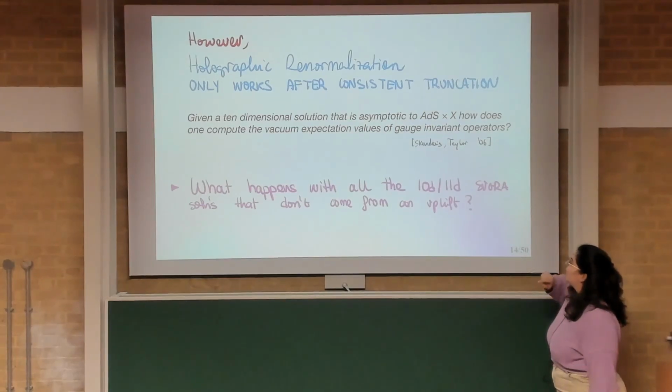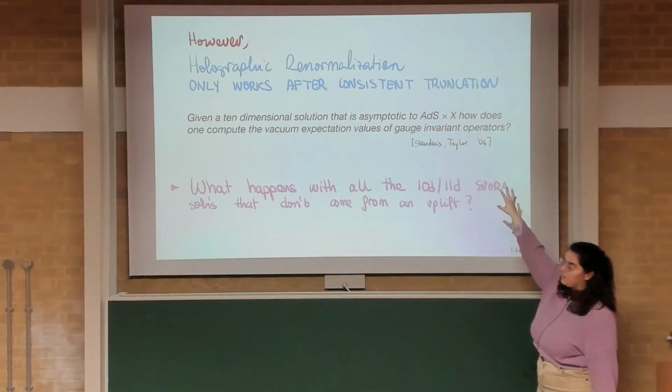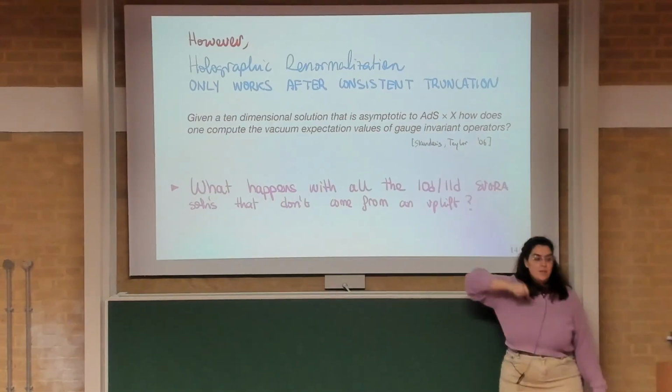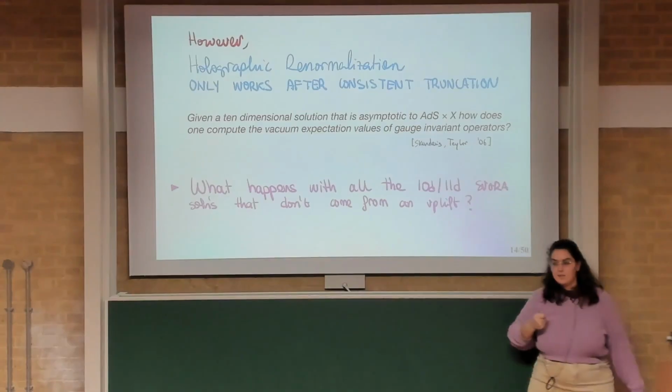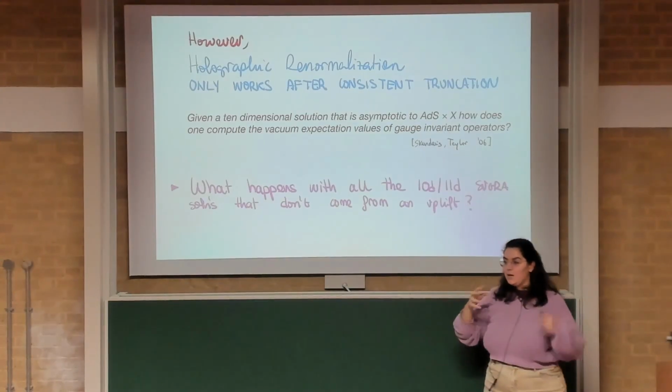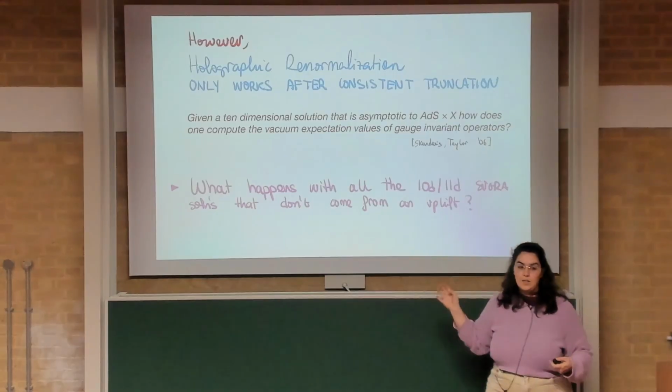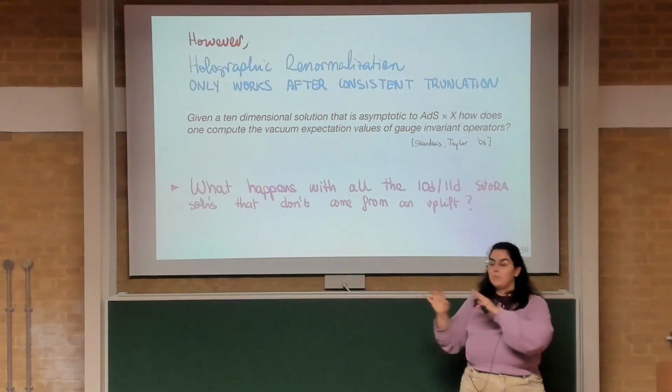I took specifically related to holographic renormalization, because as I said, the recipe for boundary terms is a recipe for boundary terms in the boundary of AdS, so not in the boundary of the higher dimensional AdS times compact manifold.